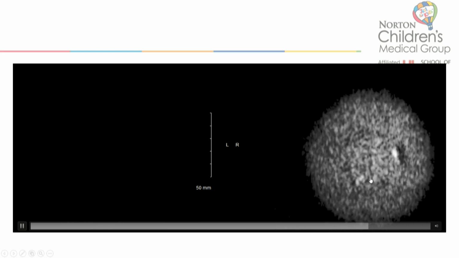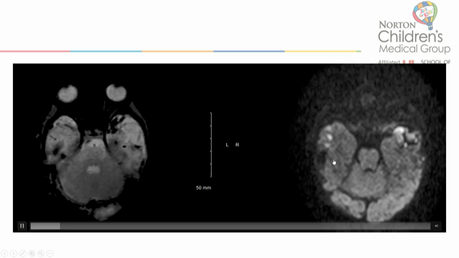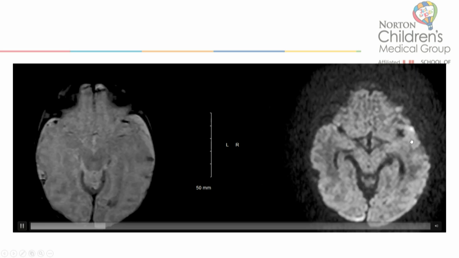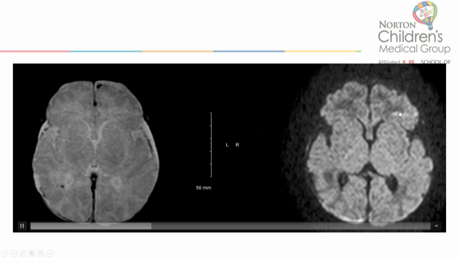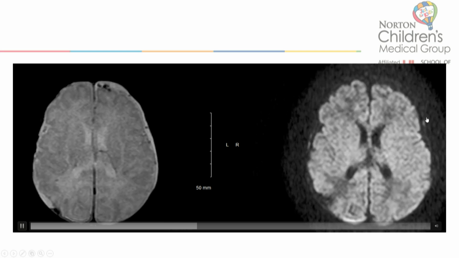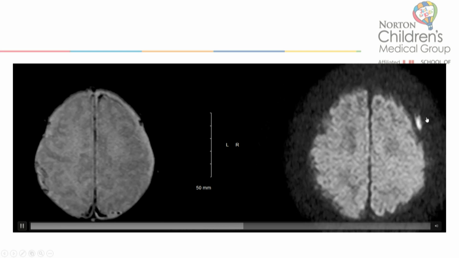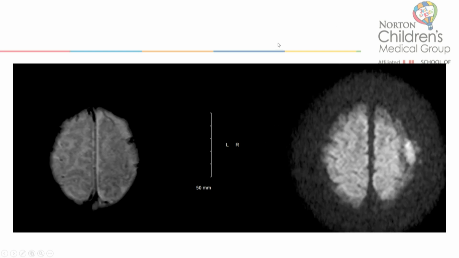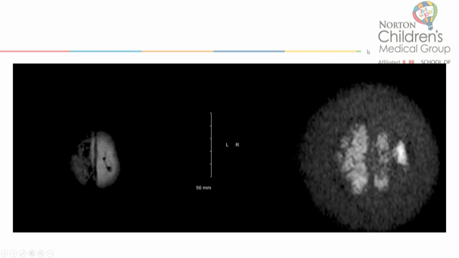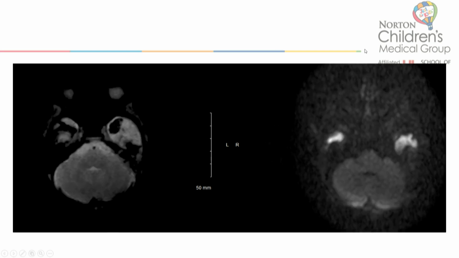And then diffusion restriction along those areas. So that anterior temporal region, look, was diffusion restricting. You have some frontal lobe injury. So those are the limitations of head CT, but you've got to look closely sometimes for hypodensities that could indicate pathology, and then for subtle subdurals.